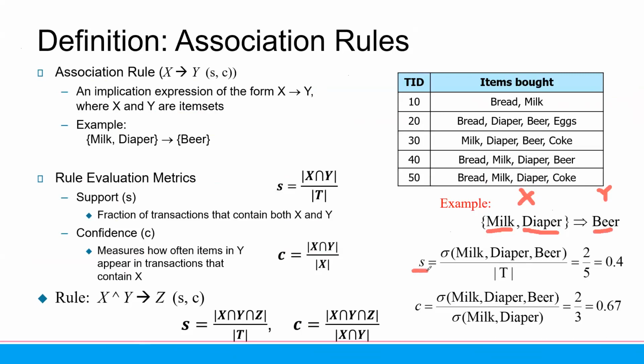Based on the support, we will check the count. Milk, diaper, beer, we have 2. And then the number of transactions is 5. So the support is 0.4.